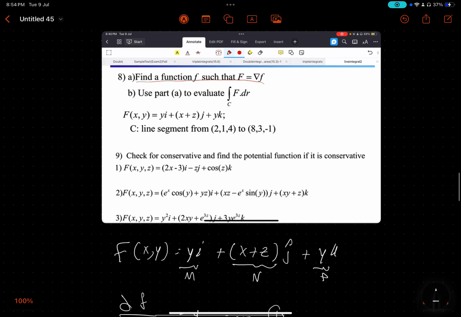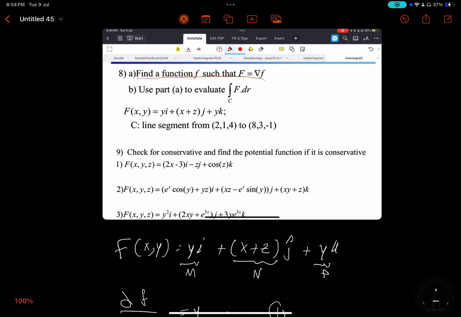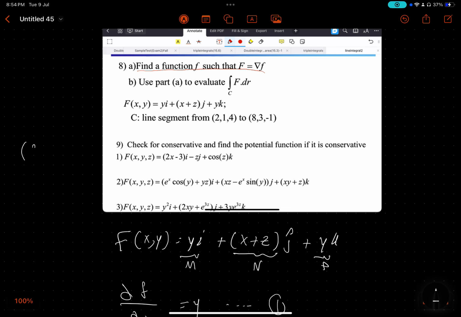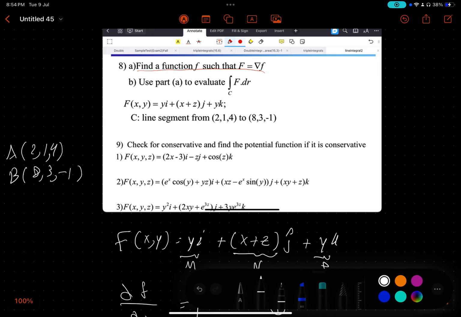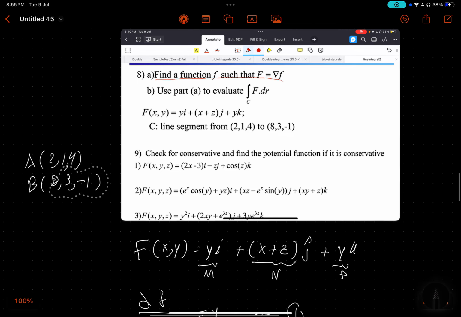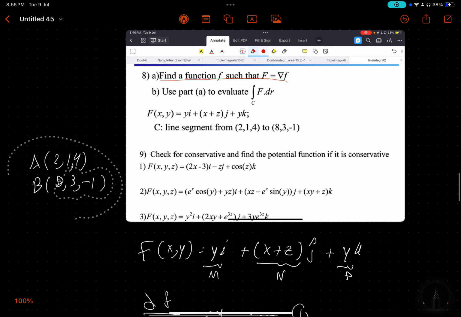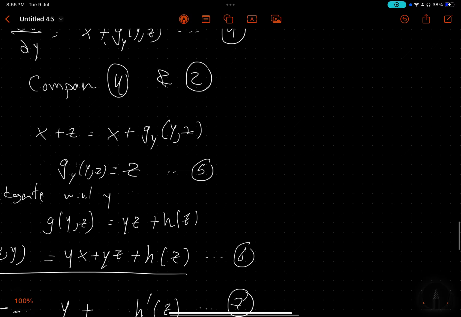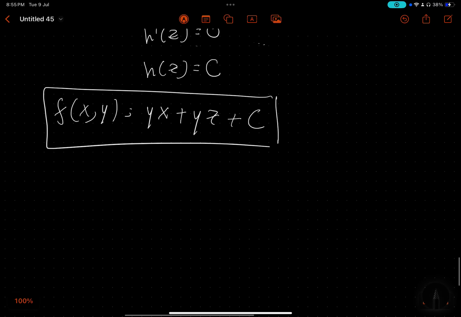Okay, so he wants us to evaluate the line integral from point A, (2, 1, 4), to point B, (8, 3, -1). Just take this, copy or cut, go down, and let's paste.